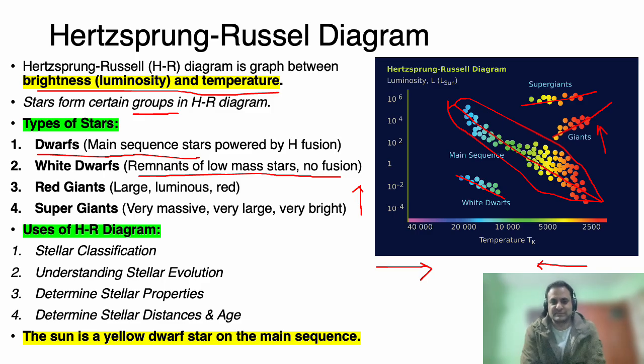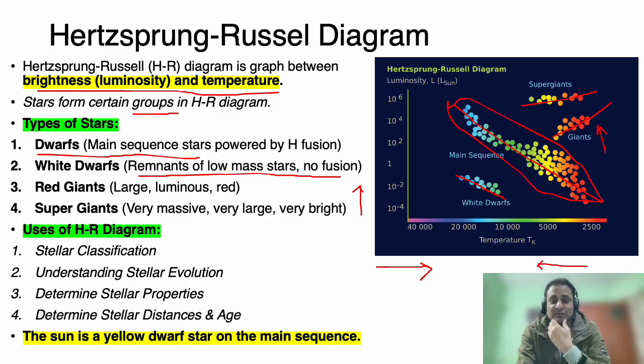But then there is a question. Stars are usually not formed individually, but they are formed in clusters at the same time. So if all stars form at the same time, why are there four different groups here? All of them should be in the same phase of their life, and all of them should be on the main sequence.